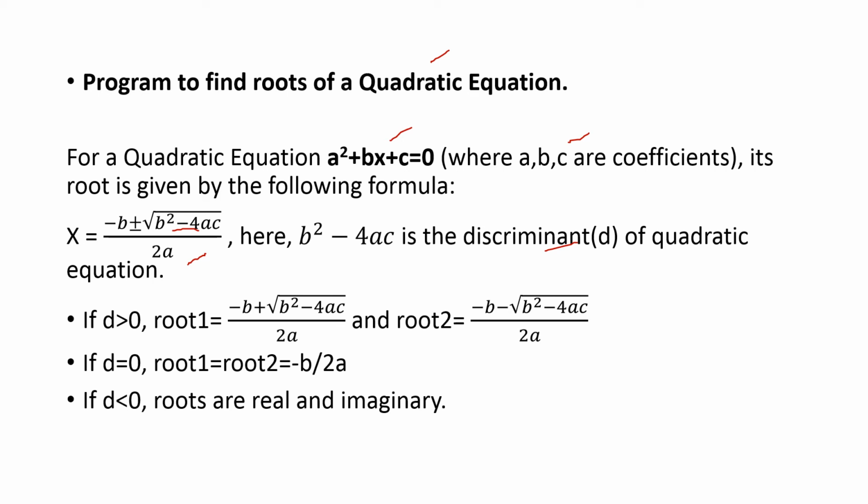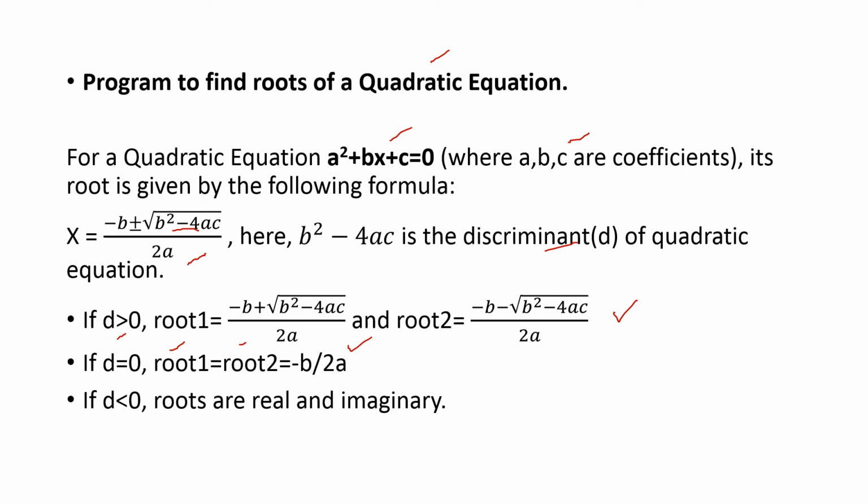If d is greater than 0, where the value of d is b square minus 4ac, the roots are minus b plus or minus square root of b square minus 4ac, by 2a. If d is equal to 0, then root 1 will be the same as root 2, and that will be minus b by 2a.